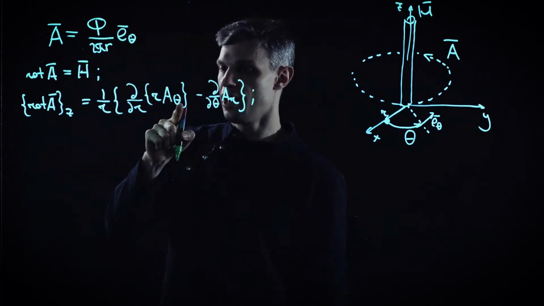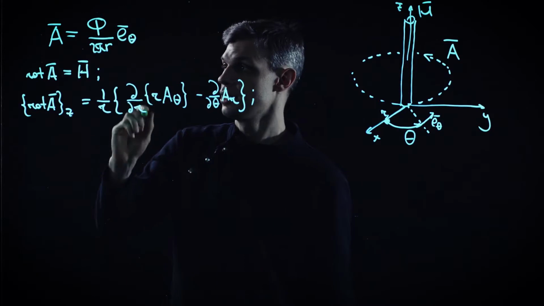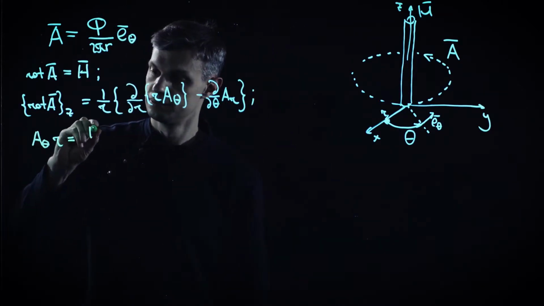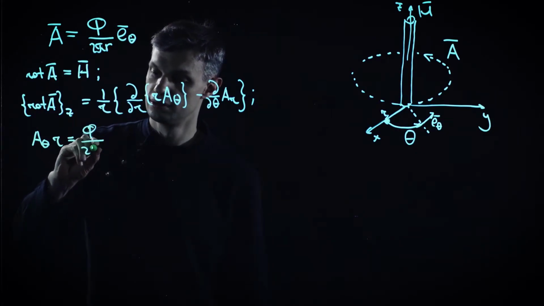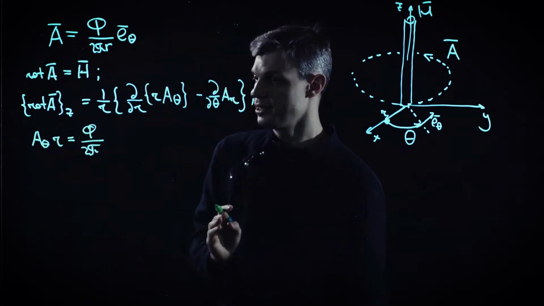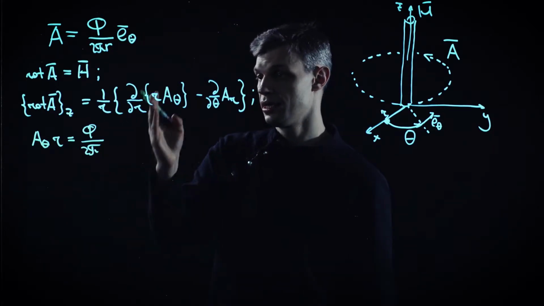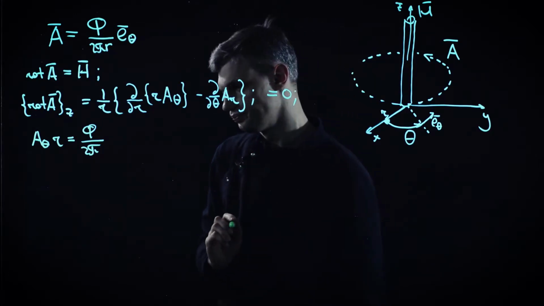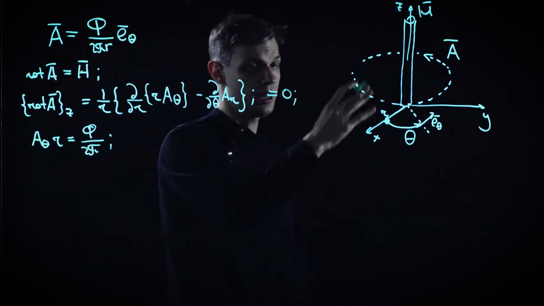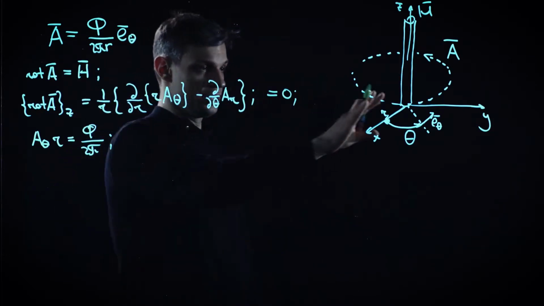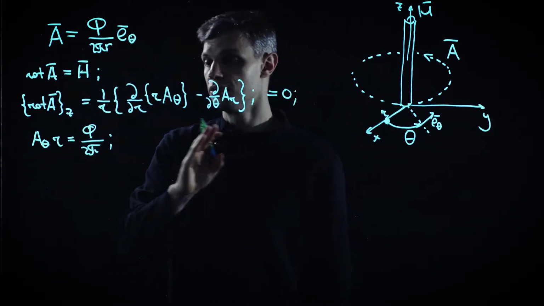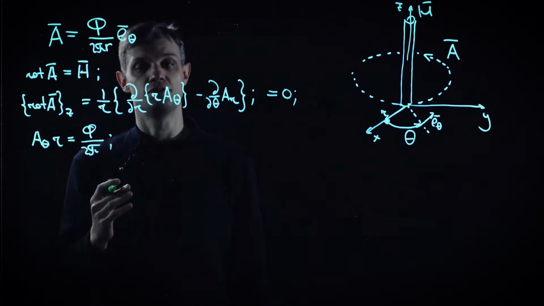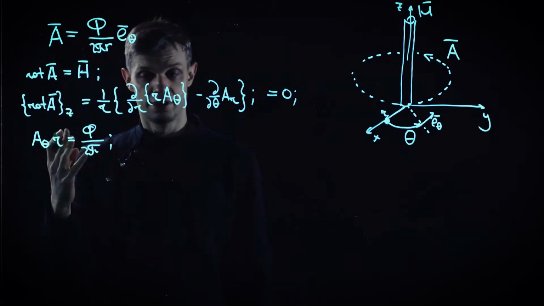And once you multiply A theta by r, you see that the product is independent of the r variable, it's constant, and hence this curl gives you identically 0. So no magnetic field everywhere, with the only exception of the origin, because when r equals 0, this formula can't be applied altogether.